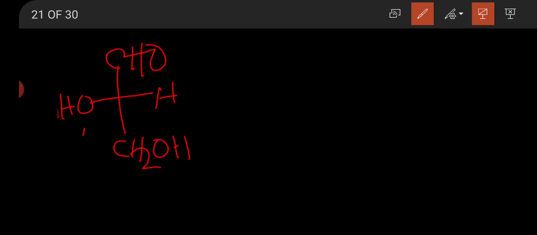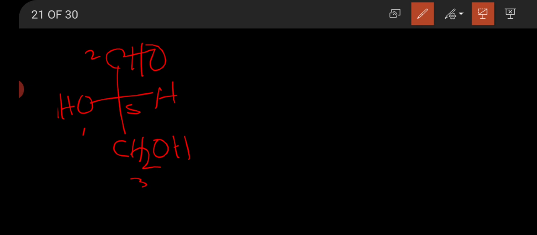It is 1, 2, 3 clockwise, and hydrogen, the fourth priority, is lying on the horizontal bond, therefore it is S configuration. By taking S configuration, it is converted to wedge.